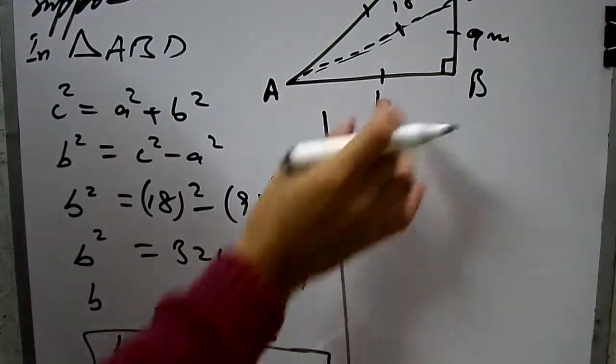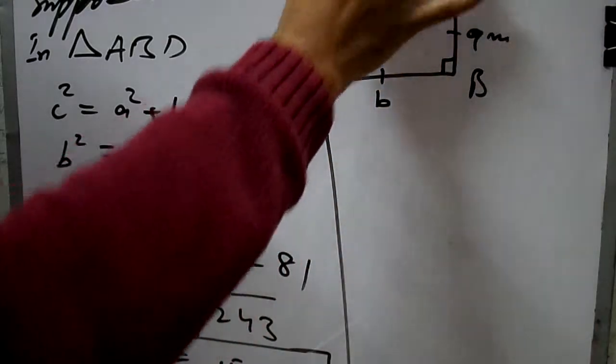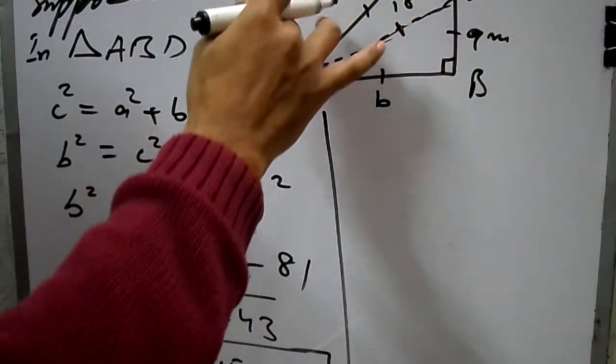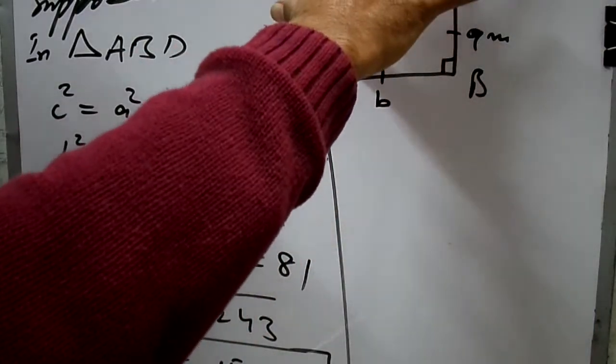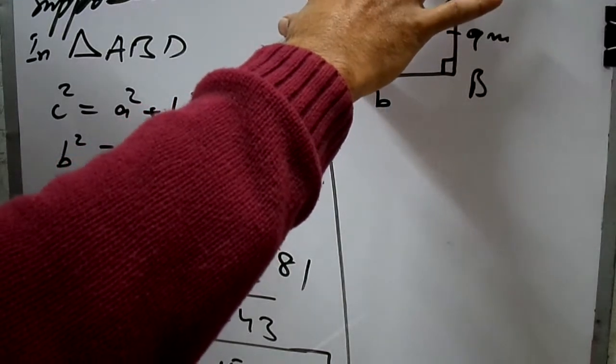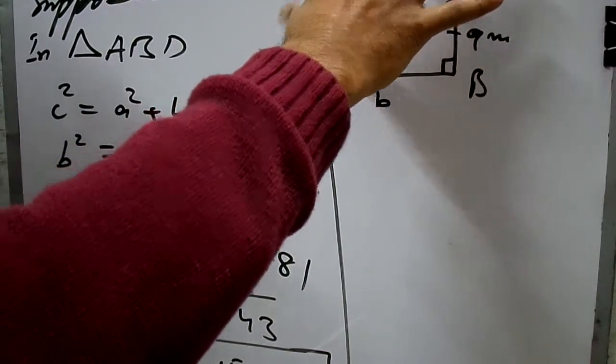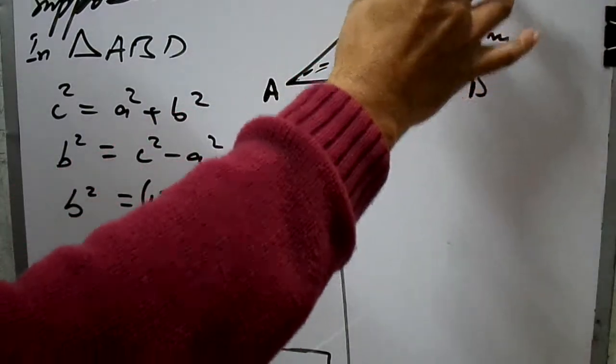Now you have to find the value of this side, that is your C, the hypotenuse. So we have to find the value of AC.